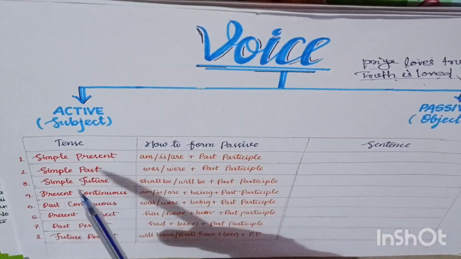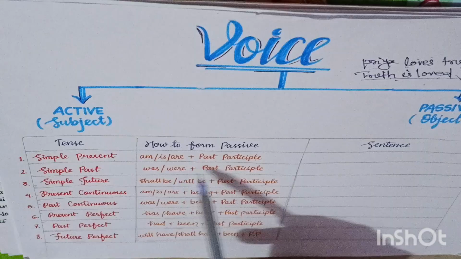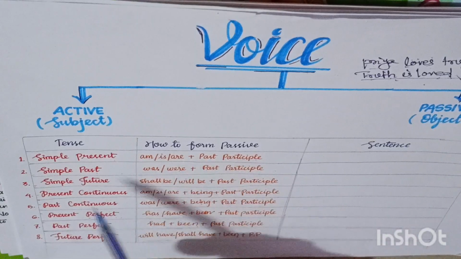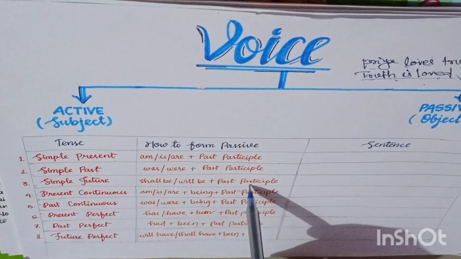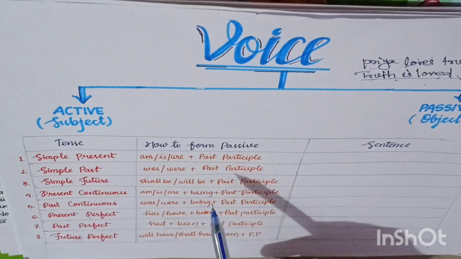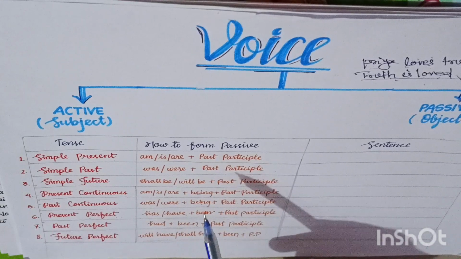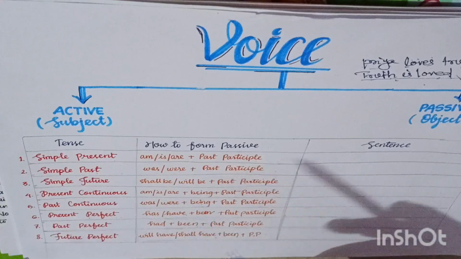Similarly, when the sentence is in simple past, it will be was, were plus past participle. When it is simple future, will be or shall be plus past participle. In this way, when the active sentence is in simple form of any tense, we use the continuous form auxiliary verb plus past participle.